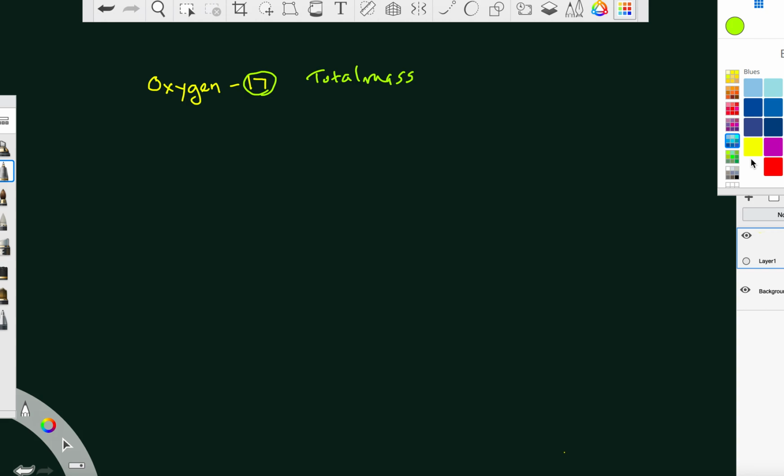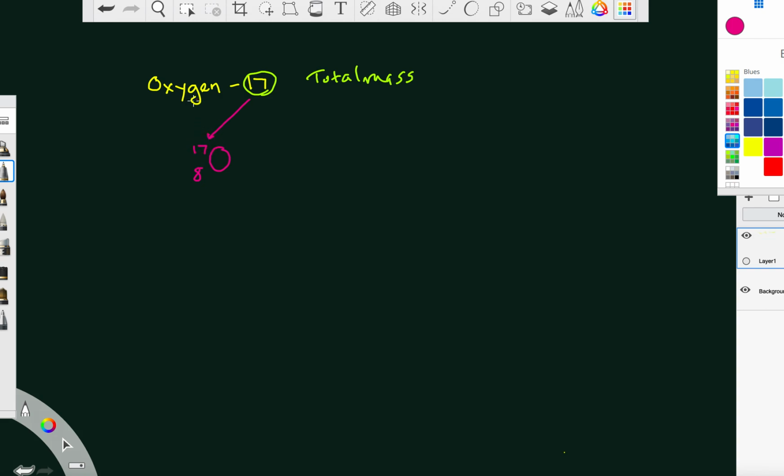So if I want to write the isotope notation or the symbol for it, I would put the O in, right? And we know that oxygen has an atomic number of 8. And this 17 tells me the total mass, so I'll just put that right on top, right?